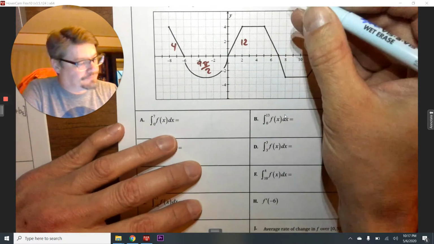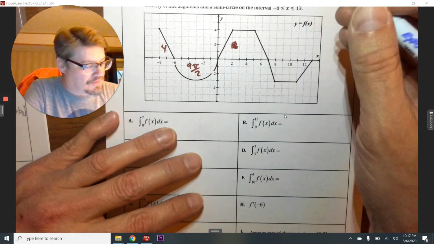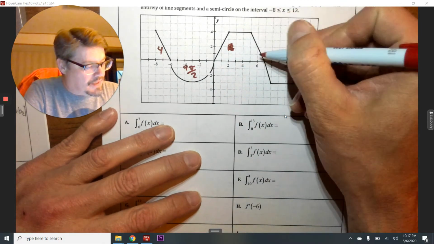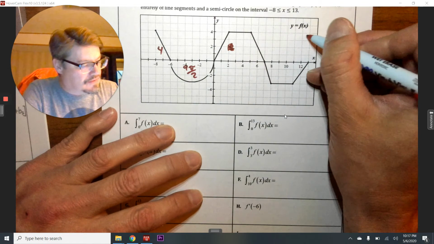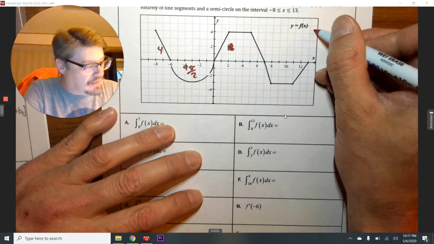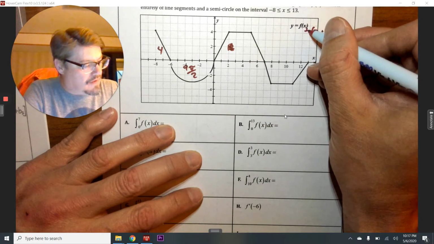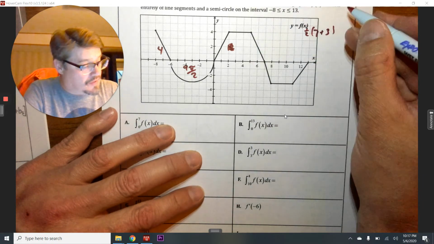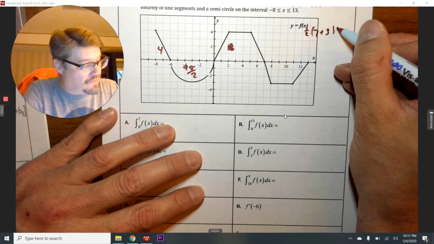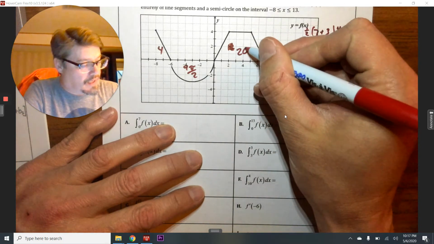All right, so let's just use the formulas. The formula here is 0 to 7, so that's 7 plus 3, cut that in half, multiplied by the height, which is 4. That's 20, so it's a total of 20.